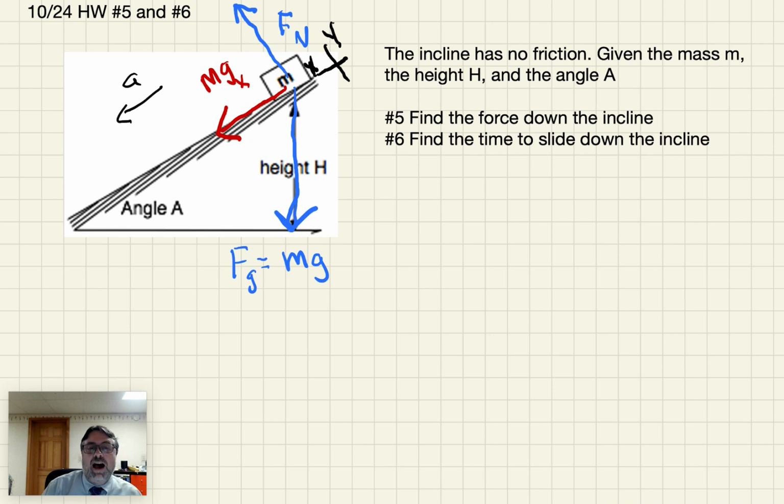That is the x part of the weight, or I could also think of it as the mass times the x part of the gravitational acceleration going down the incline. And then there's going to be the y piece, and I'll label that mgy. And that's going into the incline.